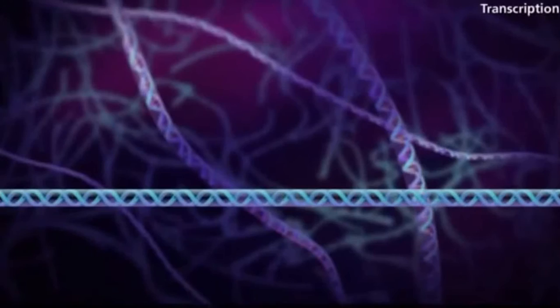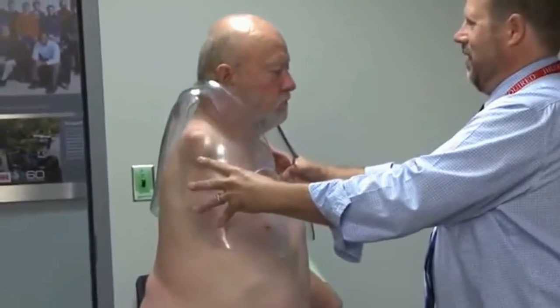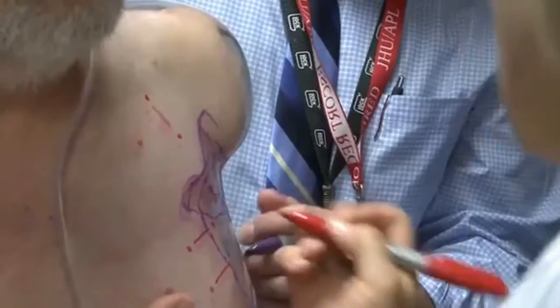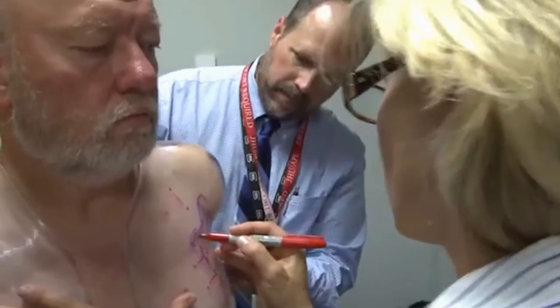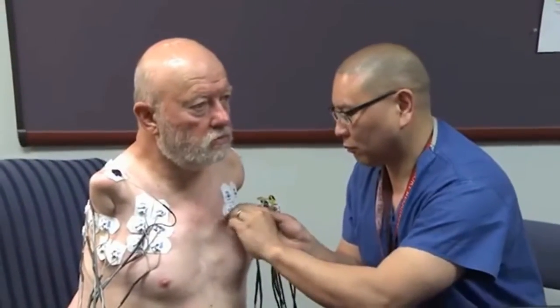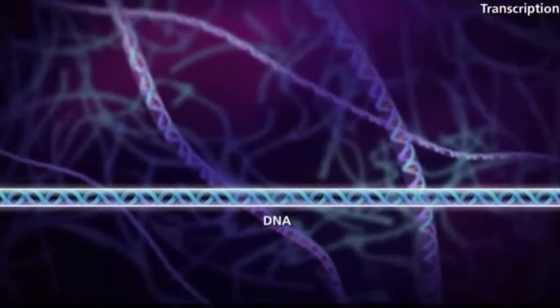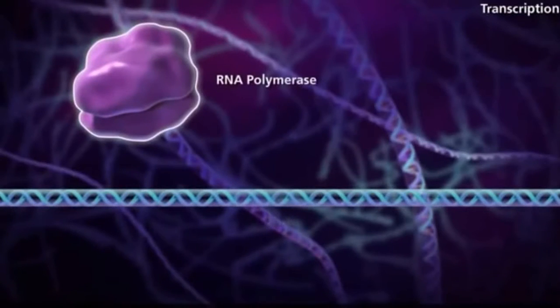So we have to understand the way that genes work, according to the central dogma of molecular biology. DNA holds information which then can be transcribed into messenger RNA when it's needed for producing machinery that can do things in the cell.